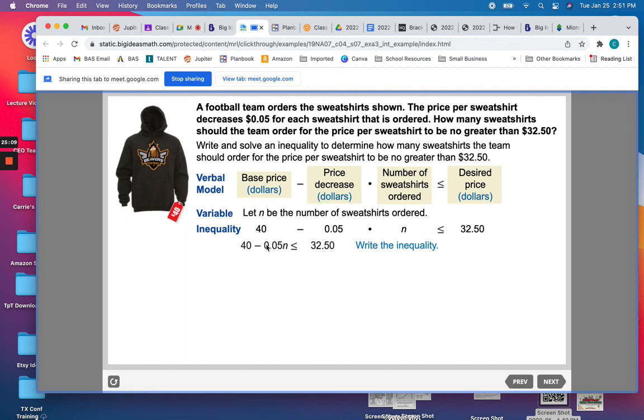So, let's solve this. What do I move first? The 40, because it's not attached to the n. So, how do I move the 40? It is a positive, so we're going to subtract. What's 32.50 minus 40?